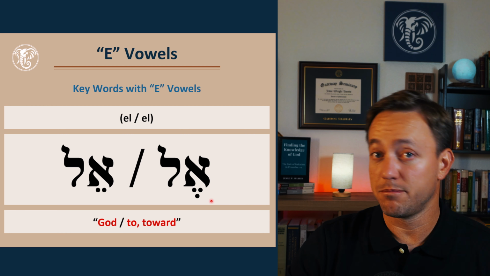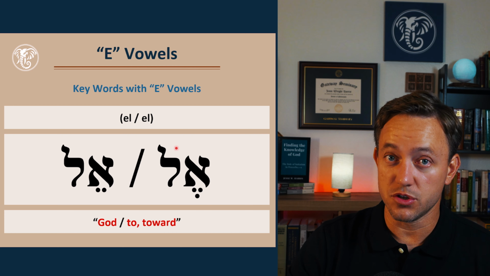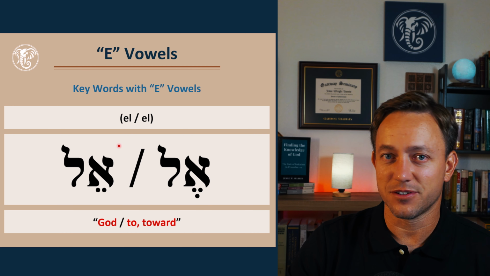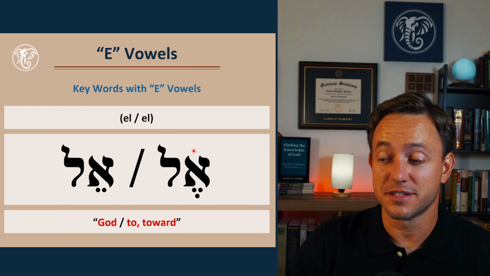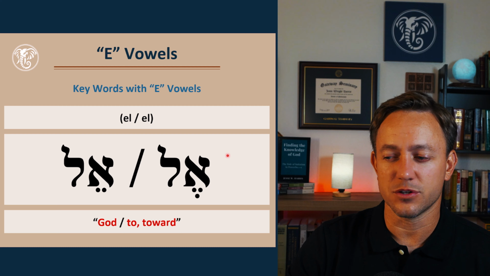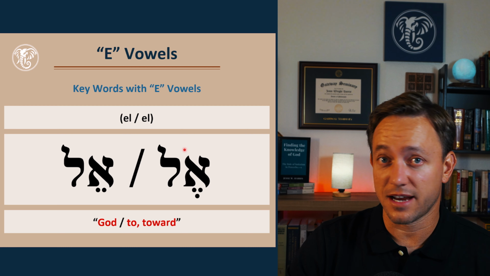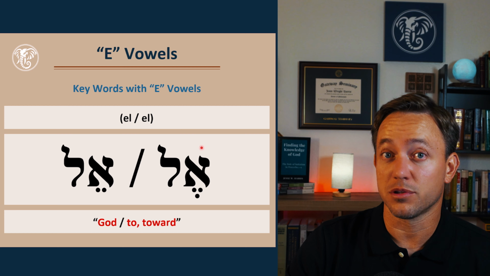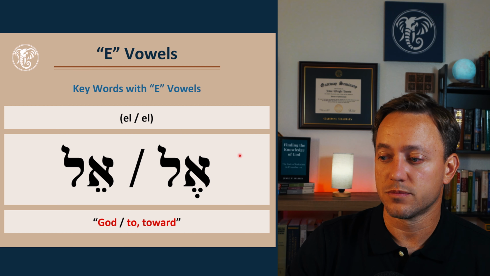Honestly, in most verses, you probably would never mistake the word to for God if you were understanding the context, because they're used in such different ways. So that probably would never be confusing. But as we're getting started, and everything is overwhelming and confusing and blurs together, I wanted to help point these two out.